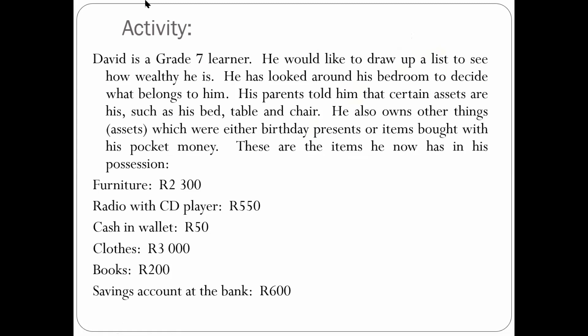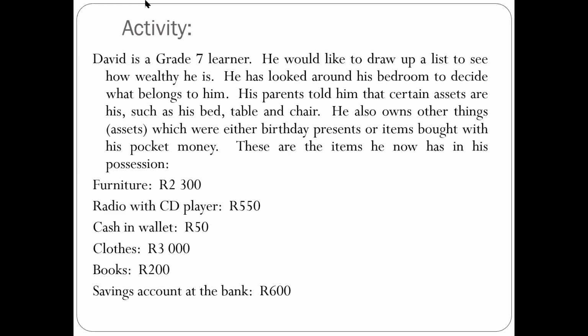He has looked around his bedroom to decide what belongs to him. His parents told him that certain assets are his, such as his bed, table, and chair. He also owns other things, assets, which were either birthday presents or items bought with his pocket money. These are the items he now has in his possession.